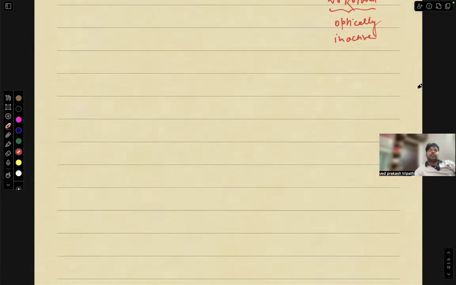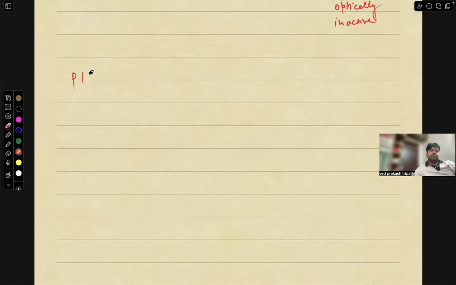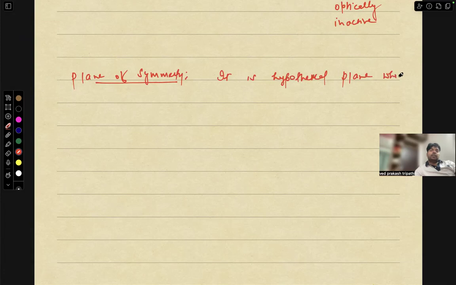Now the next is plane of symmetry. So what is plane of symmetry? We can say it is a hypothetical plane which can divide the molecule in two equal parts.